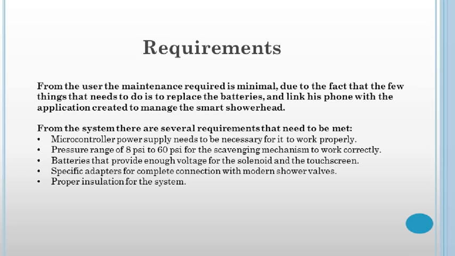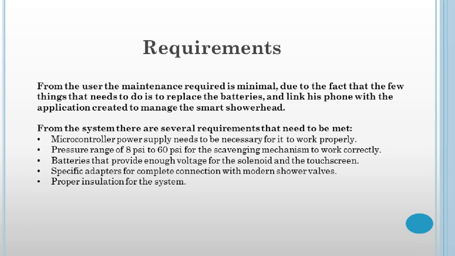From the system, there are a few requirements that need to be met. First, the microcontroller power supply needs to be sufficient for it to work properly. The pressure range of 8 psi to 60 psi needs to be there for the scavenging mechanism to work properly.